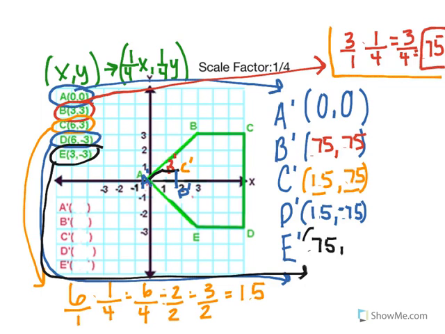So we do 0.75, and we're multiplying -3, so we know that this is going to be -0.75. And now I can plot E prime. So I'd go over here to my graph and look at the x value, and it's 0.75, so I'm going to go almost to 1, and then down almost to 1 to -0.75. That's going to be E prime.